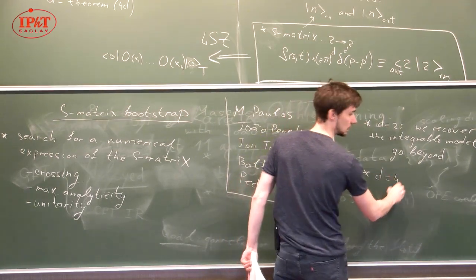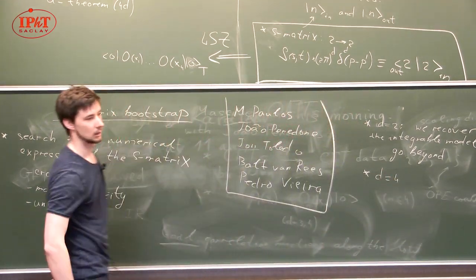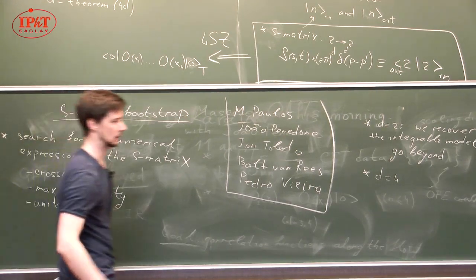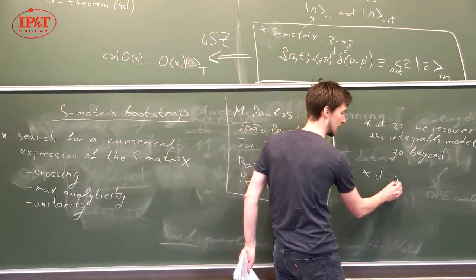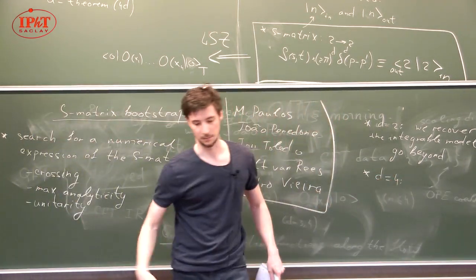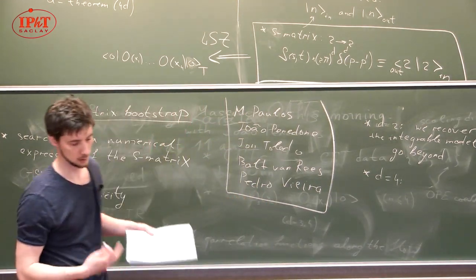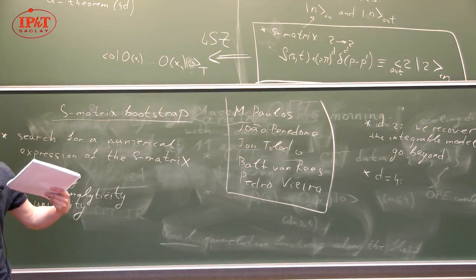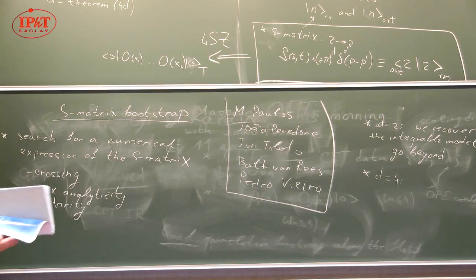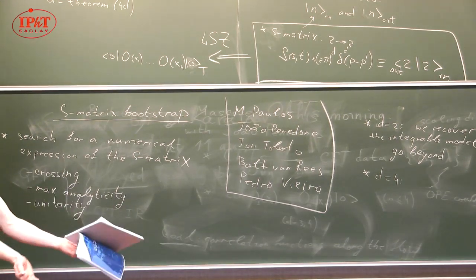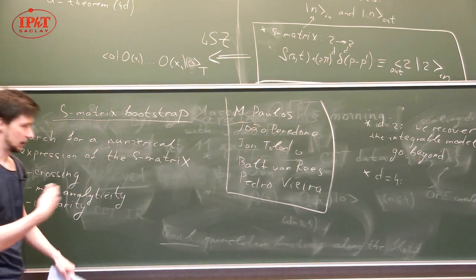In 4 dimensions, the situation is more complicated because the S-matrix has a lot of internal structure inside. For instance, compared to the minimal integrable models in 2 dimensions, there's particle production. So 2 particles can go into 3 particles, and you have to describe this as well. And there are further subtleties.